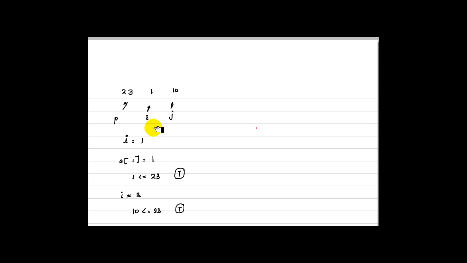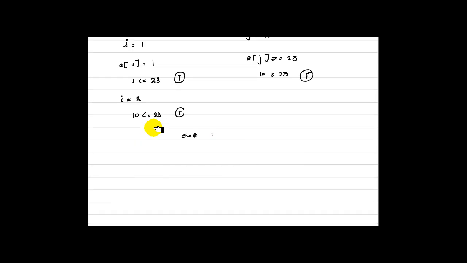So now it checks with the J loop. In the next while loop J is equal to 2. So it checks whether A of J is greater than or equal to 23. The value of A of J is 10. Is 10 greater than or equal to 23? No, it is false. So it checks with the if condition: is I less than j, is 2 less than 2?